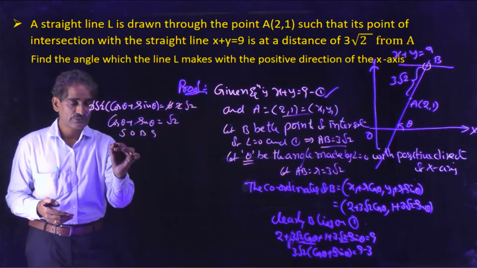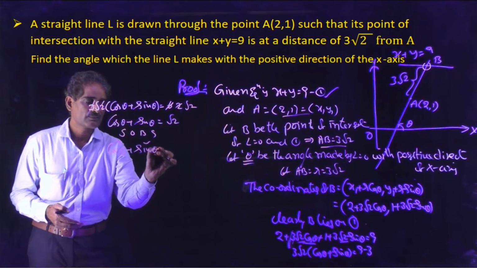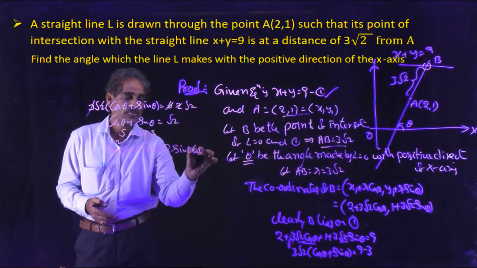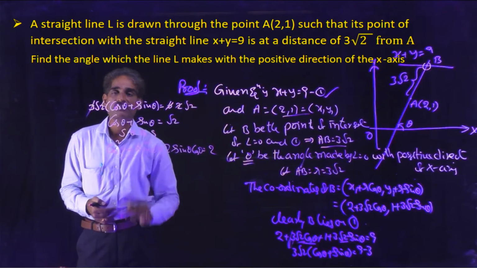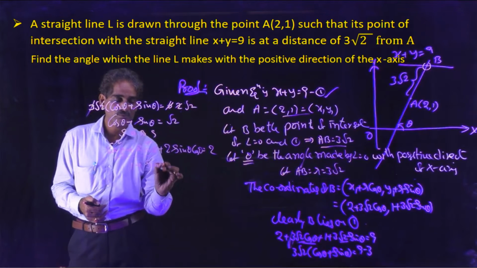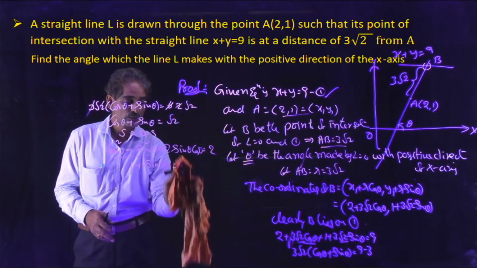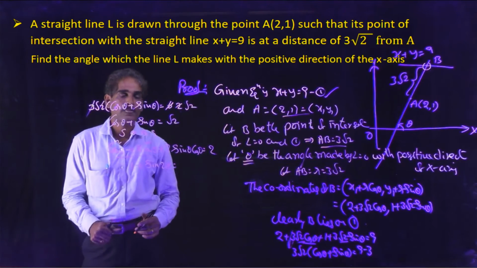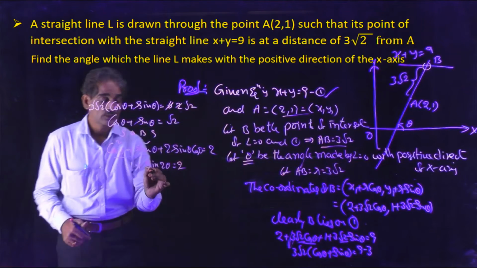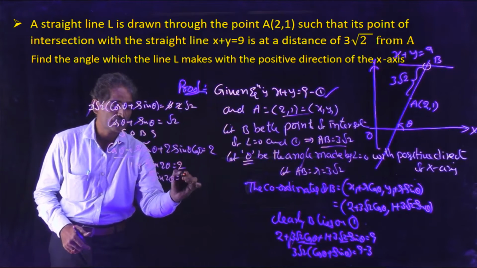cos²θ + sin²θ + 2 sinθ cosθ is equal to 1 + 2 sinθ cosθ, which is 1 + sin 2θ. This is equal to 2, so sin 2θ is equal to 2 minus 1, which is 1.